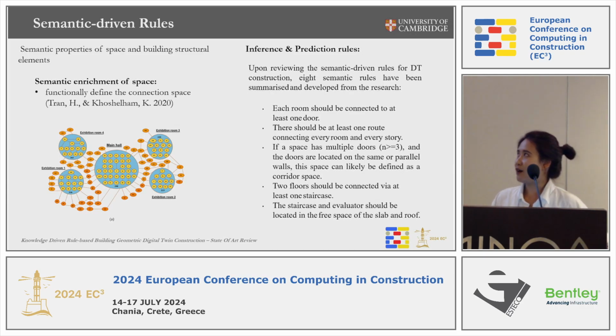So here I conclude some rules that I found in the current research, that I don't have time to read one by one, but maybe the first few are that each room should have at least one door, and at least one road connecting each room and every story, something like this. So this knowledge, these inference rules, are actually established based on the shape and typological rules, but can take a further step.